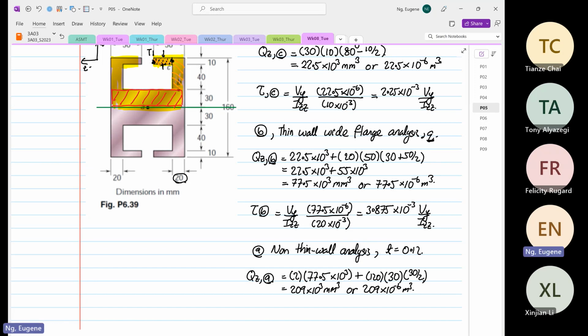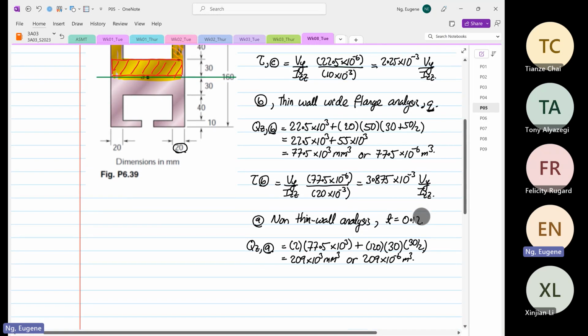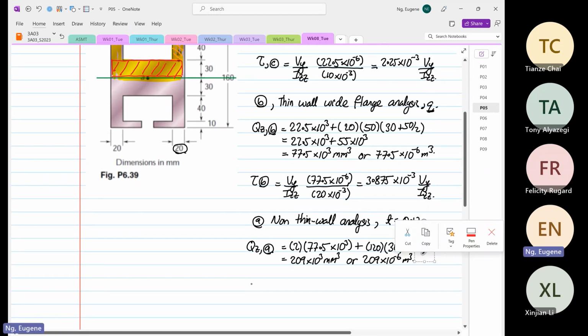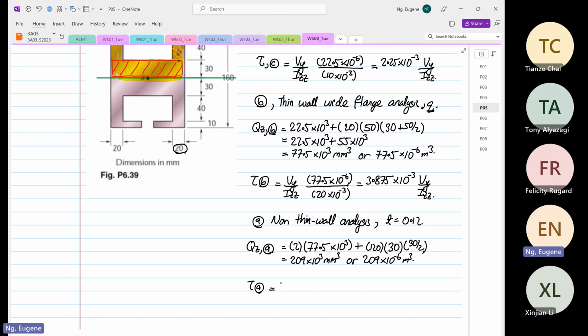So we realize that it has the biggest first moment of area, like what I was teaching you last week, right? The Q over T ratio is always fighting against one another, right? So this is the shear stress at point A now. It's equal to Vy over Izz multiplied by 209 times 10 to the power minus 6, divided by the thickness of 0.12.